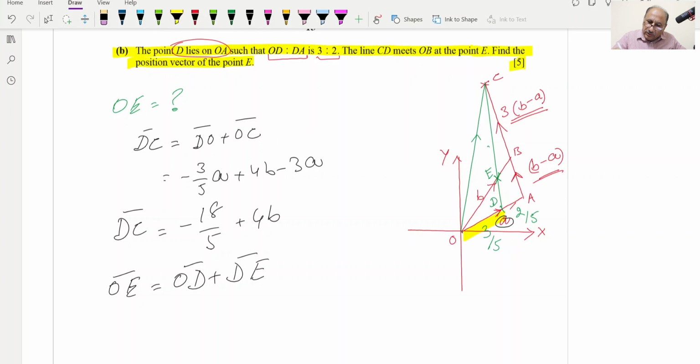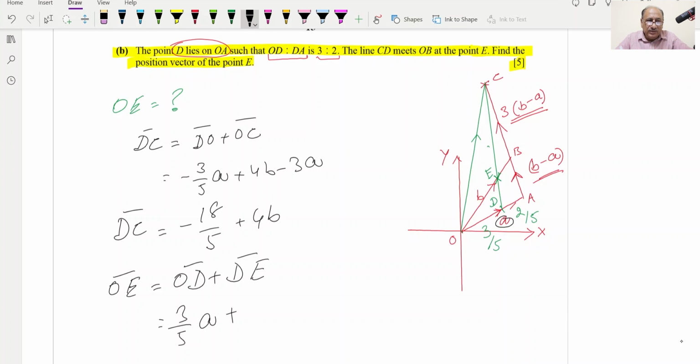Now we can remove this shading. OD is 3 by 5 of A, so we write 3 by 5 of A, and plus DE.